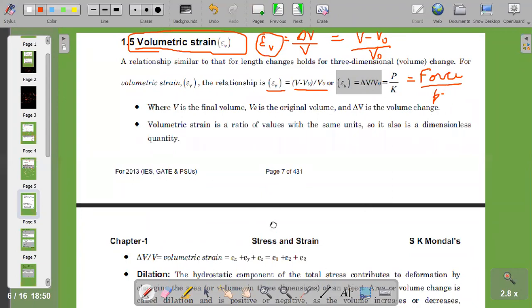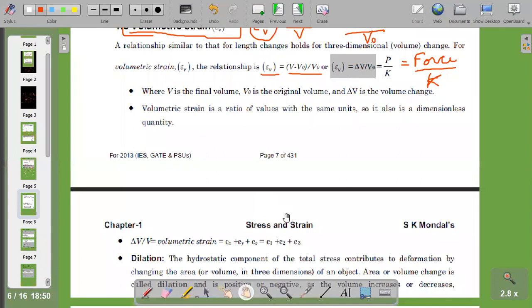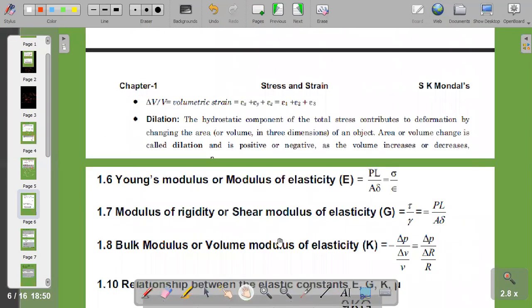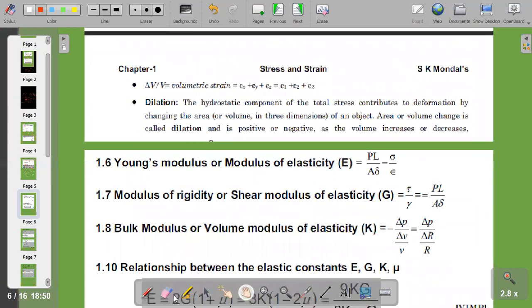This K is the constant which will be given. K is the volume modulus of elasticity.